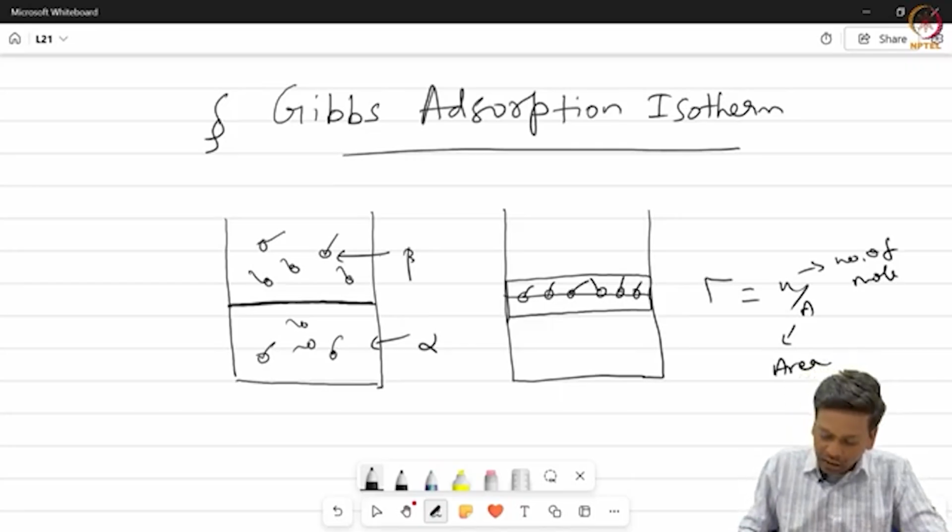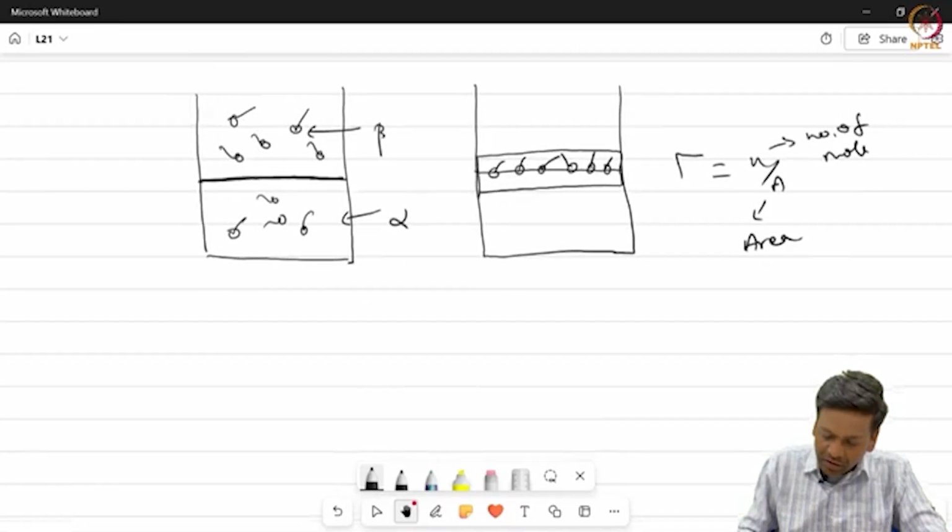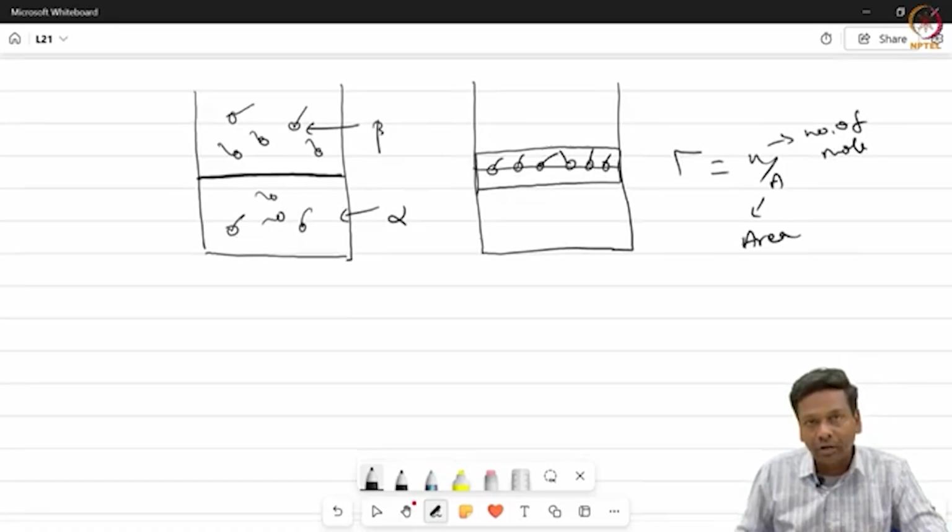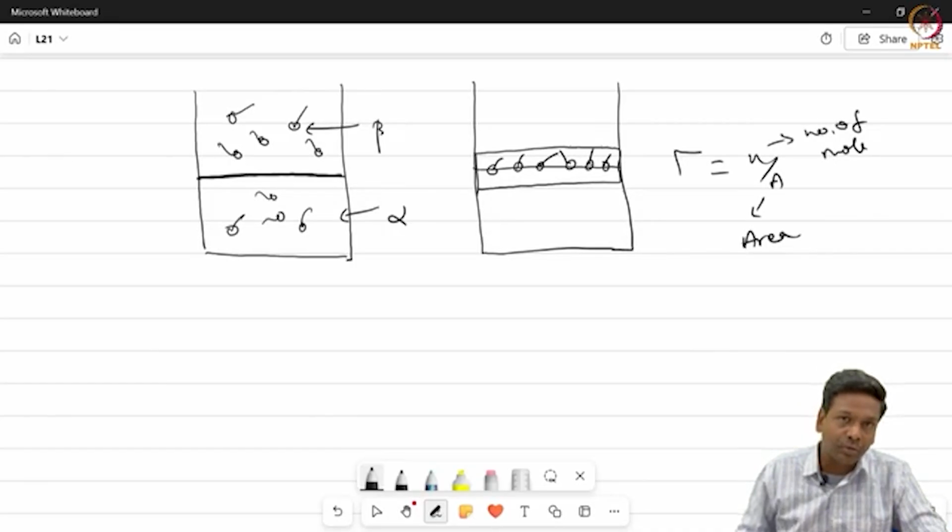Now, we know that because they have a tendency to adsorb, one can derive to show how the Gibbs adsorption isotherm will be a function of surface tension and concentration itself. The concentration is what we employ in the bulk phases, and gamma is the surface tension. So, that is what we are going to look at.